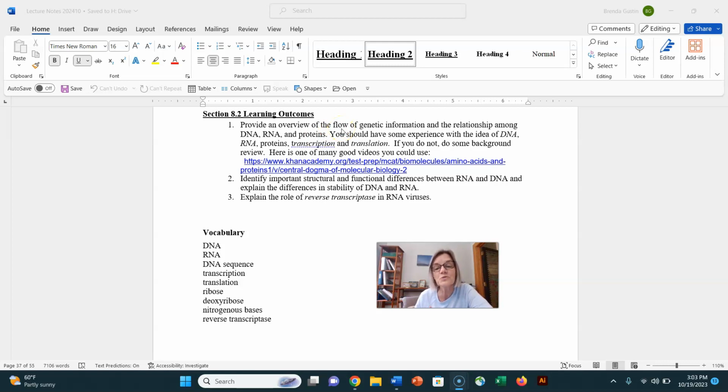This is a really important concept to biology and to how cells function, so don't get confused about what they're asking for. The flow of genetic information, the central theme of molecular biology, the central dogma, all of that is just asking you that DNA is used to make RNA, which is used to make proteins.